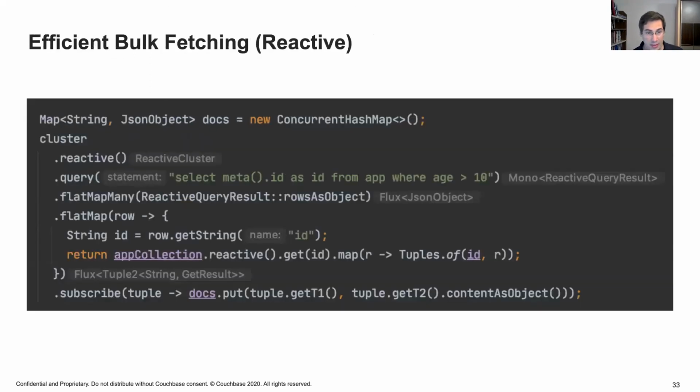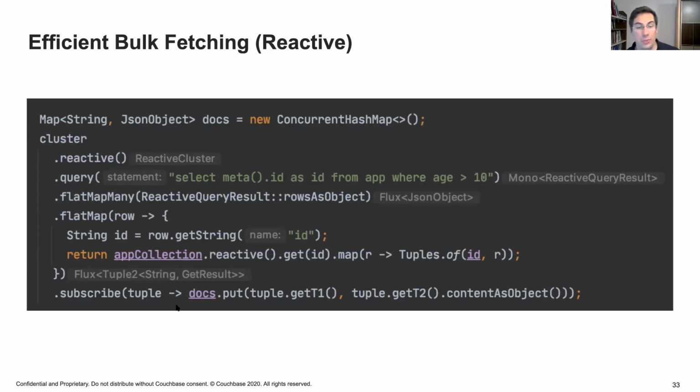But we can take this and turn it into an asynchronous operation. So here we're using the Java Reactive API, which allows us to run a parallel stream of asynchronous operations. So we are performing a reactive N1QL query. It's exactly the same API. But what we can then do is, as our rows come flowing in from the server, we'll again go to the key value service by using our reactive API and then return the data.